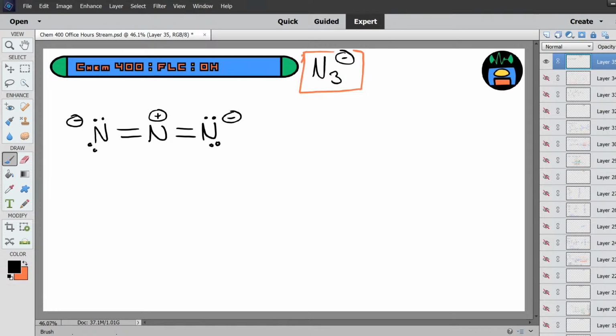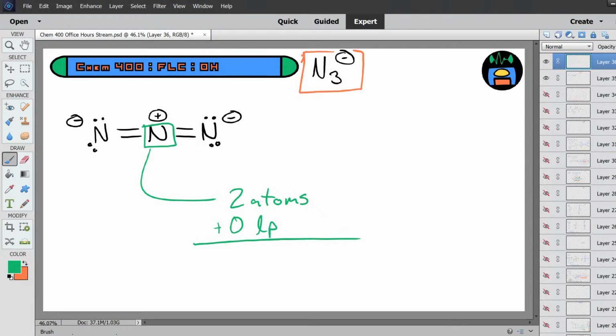So let's talk about electron domains and hybridization. When it comes to the electron domains, or I call them electron groups, we look at our central atom, and on our central atom we have two atoms attached and no lone pairs, again directly on the central atom.